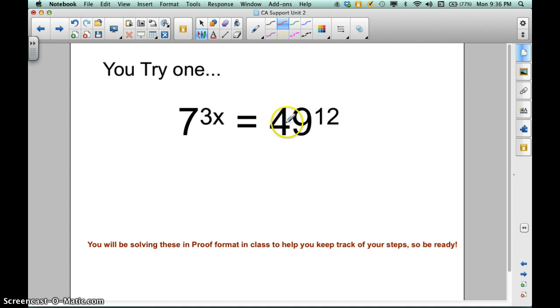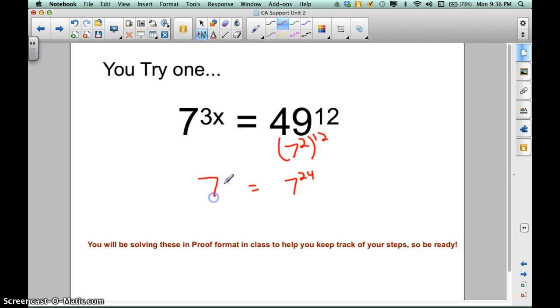All right, I look at this and I see 49. That sticks out to me as a perfect square. 49 is 7 squared. All right, but I know that that's still to the power of 12, right? Okay, so what do I do with the exponents? Power of a power, I hope you said multiply them. So that's 7 to the power of 24. 2 times 12 is 24.